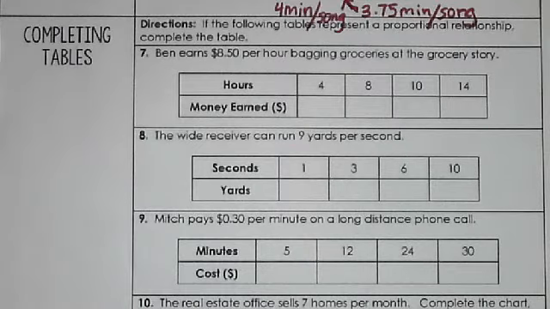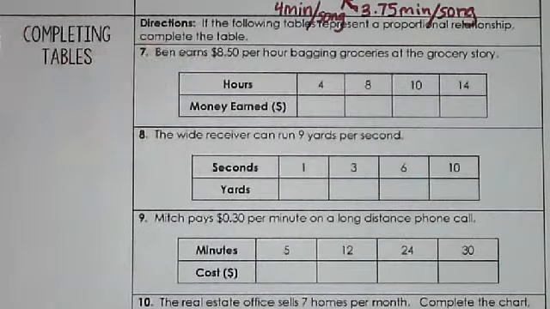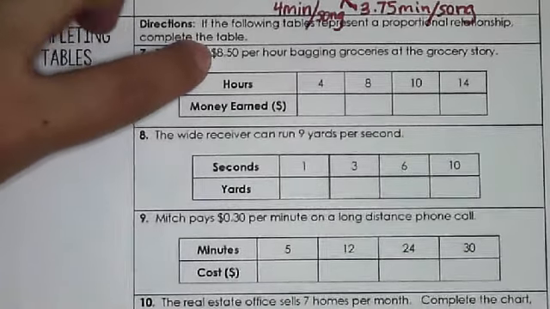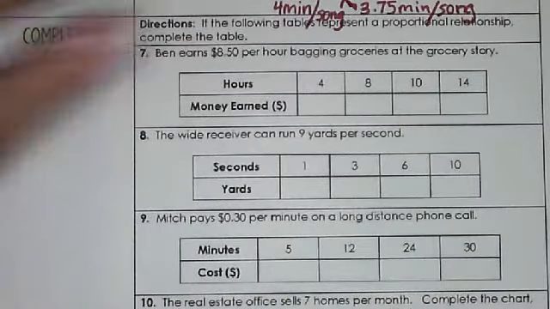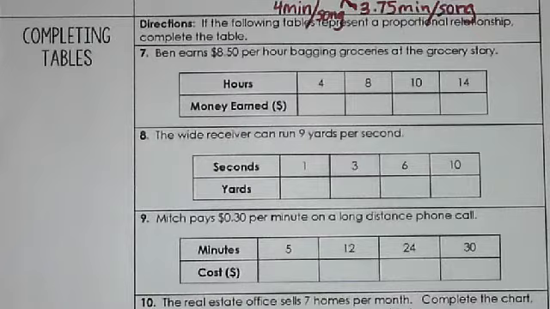So on number 7, it says that Ben earns $8.50 per hour bagging groceries at the grocery store. We want to know how much money he would make if he worked for 4 hours, 8 hours, 10 hours, or 14 hours. All right, so how do we find out how much money he would earn in 4 hours if he gets $8.50 per hour?